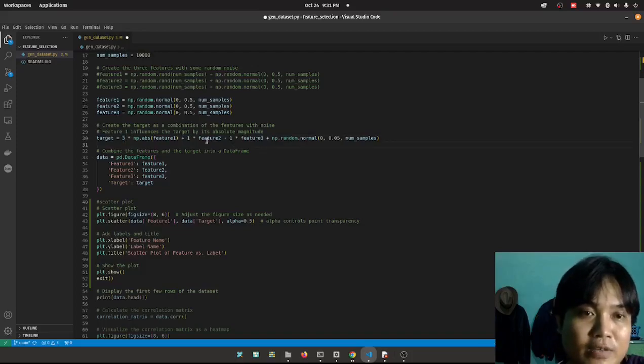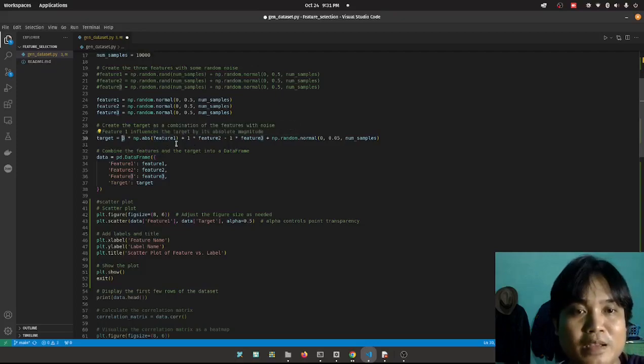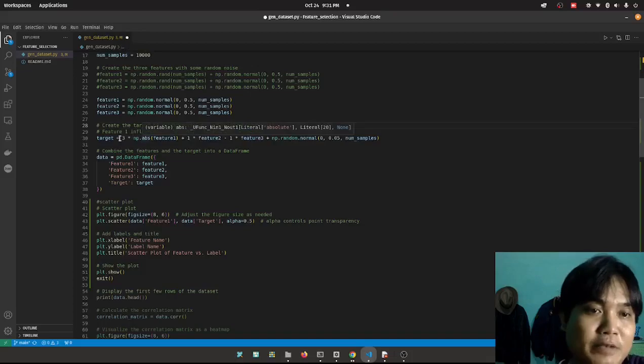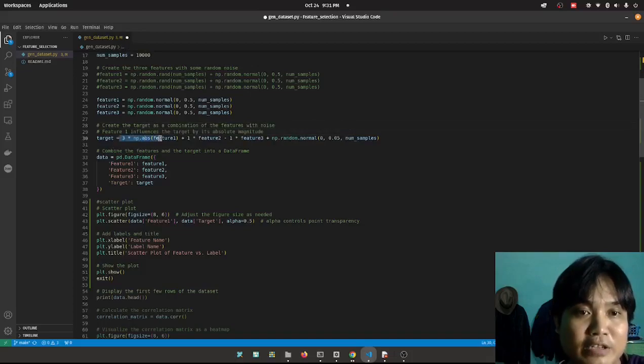But as you can see, the biggest coefficient is in feature 1. So when you see the data like this, it's obvious, right? The most important feature here is feature 1.